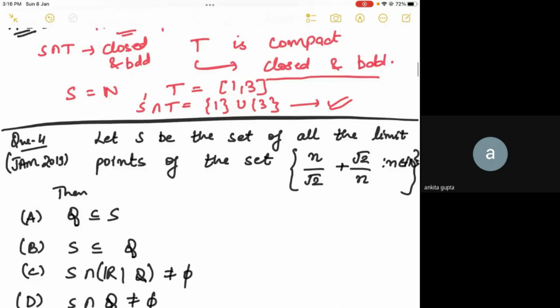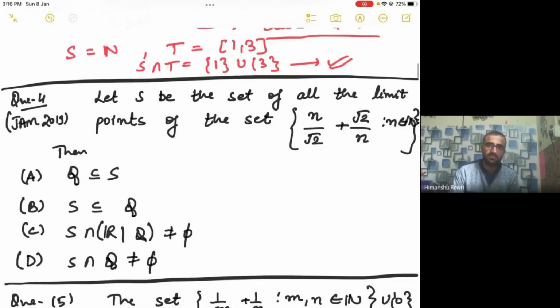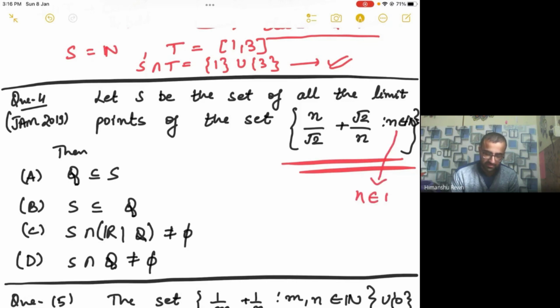Now let's go to question number 4. Read question number 4. The question is that S is the set of all limit points of the given set, which is n divided by root 2 plus root 2 divided by n, where n is a natural number.